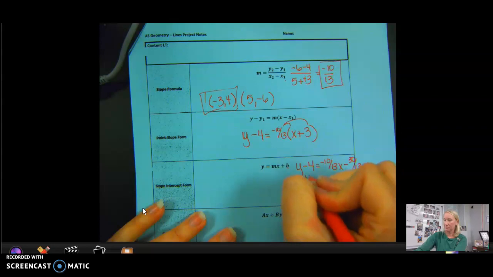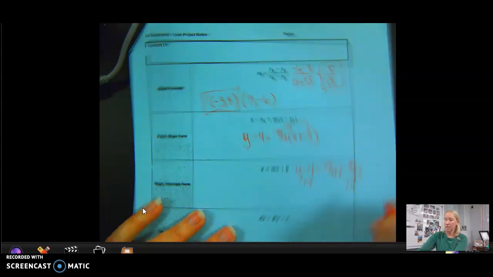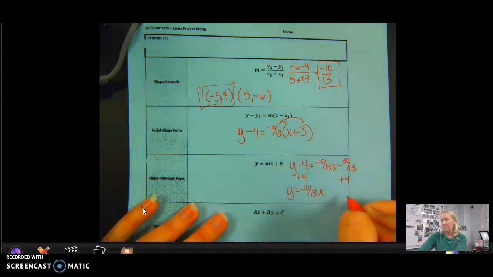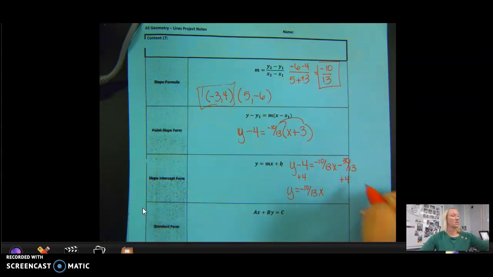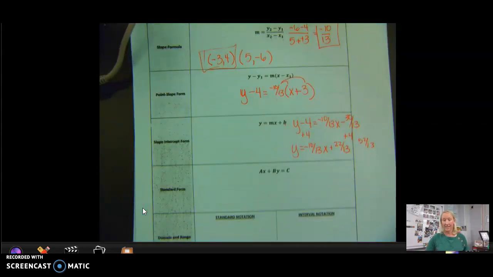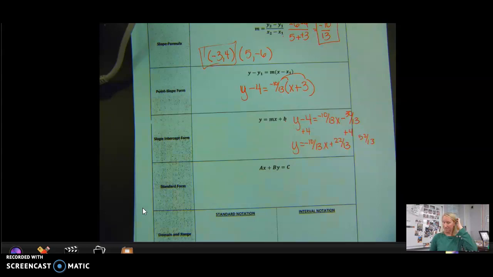But I want to get y by itself, so I add 4 to both sides. What's 13 times 4? 52/13. So if I add 52/13, I get plus 22/13. So that's in slope intercept form. Again, I wish I would have had better numbers here.